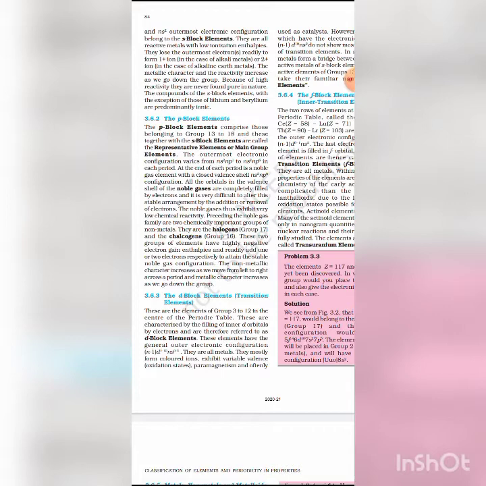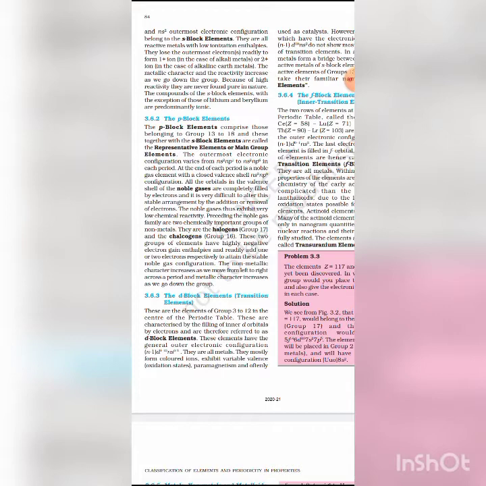The non-metallic character increases from left to right and the metallic character increases down the group. They consist of solid, liquid and gaseous elements, and of metals, non-metals and metalloids.